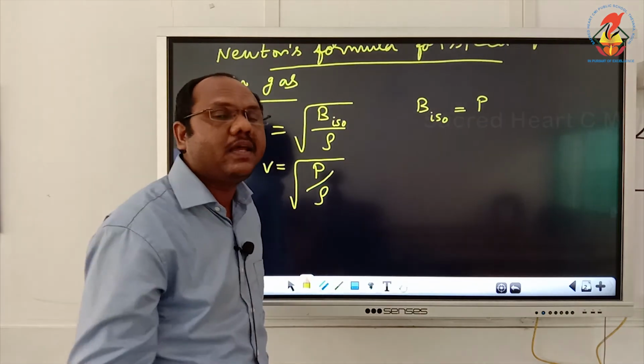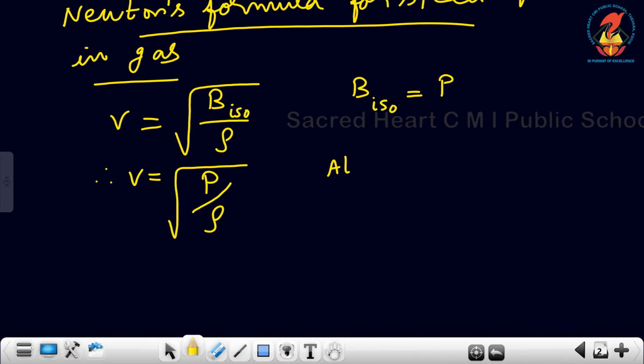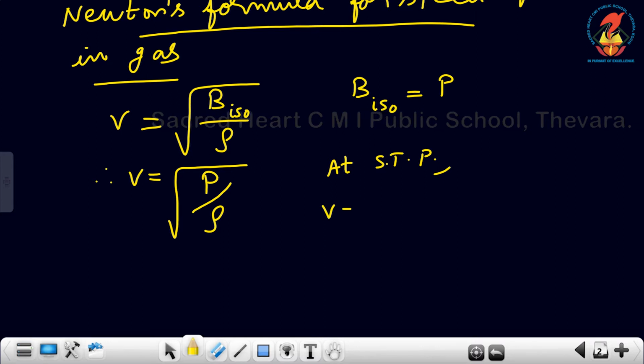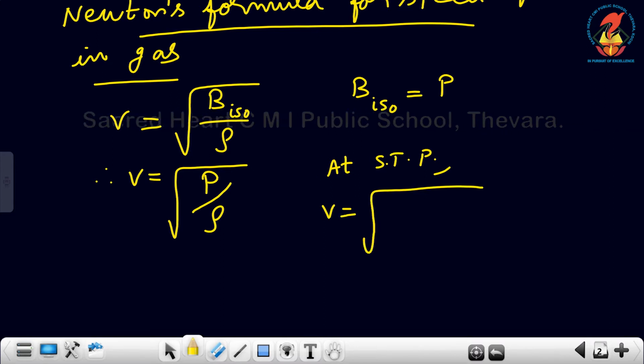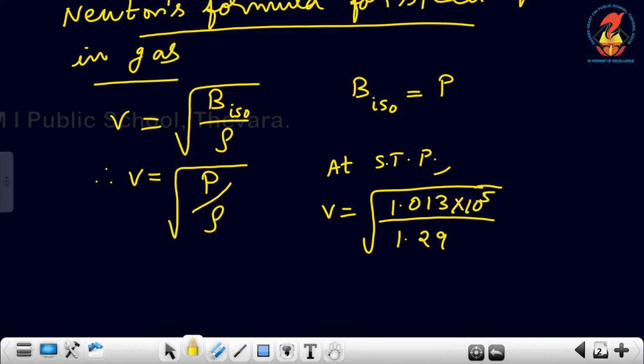And when he calculated the velocity at STP, standard temperature and pressure, he got the pressure as 1.013 into 10 raised to 5, and the density as 1.293. When he calculated this, he got the answer as approximately 280 meter per second.